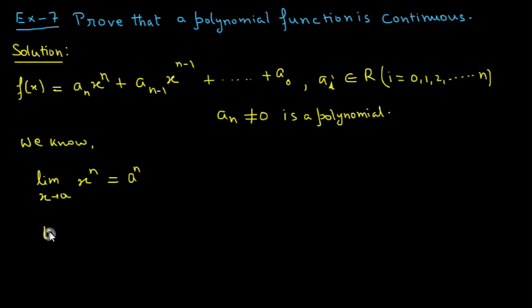Limit x tends to a, a_i is equal to a_i. Why? Because limit of a constant function is the constant.